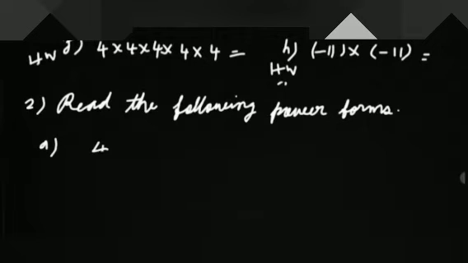Base is 4 and power or exponent is 7. How can we read this power form? Sorry, due to the problem of this pen I couldn't write. Okay, sorry. 4 is the base and 7 is the power. So, how can this be read? Yes, very good. 4 raised to 7, isn't it?